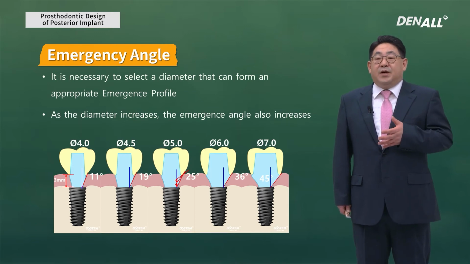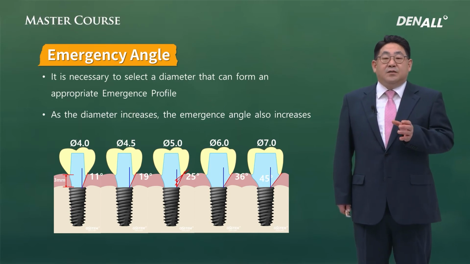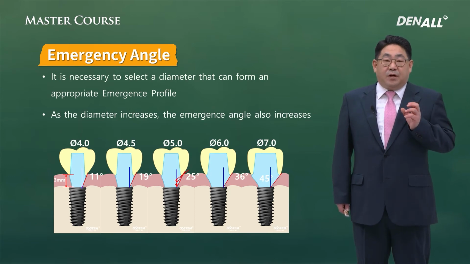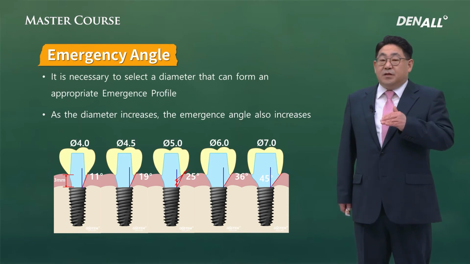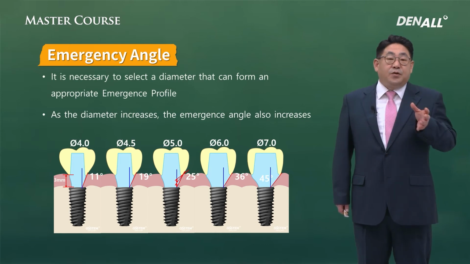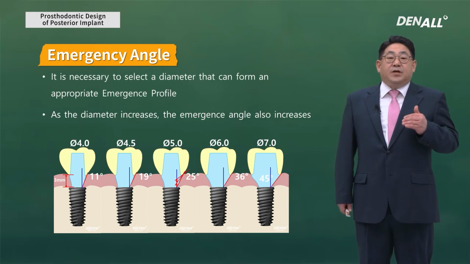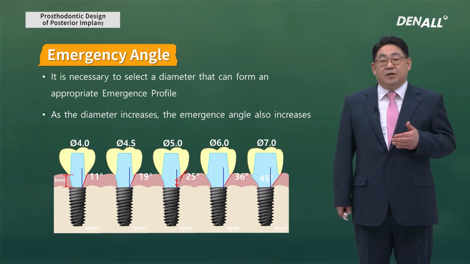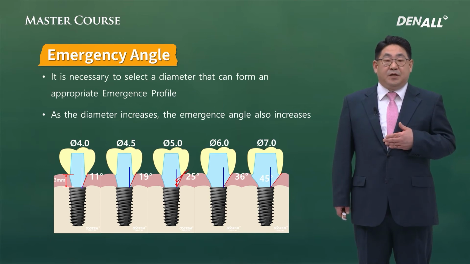Even if the diameter of the implant increases, abutment always comes off from a diameter 2.5 millimeter size hole. Even if the diameter is the same, depending on the abutment height and gingival height, the emergence angle changes. If you look at this diagram, the recommendation is below 30 degrees of emergence angle, and it is recommended not to use those with over 40 degrees.